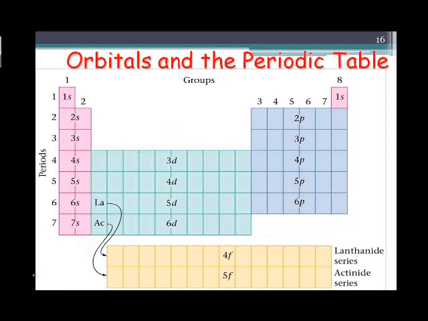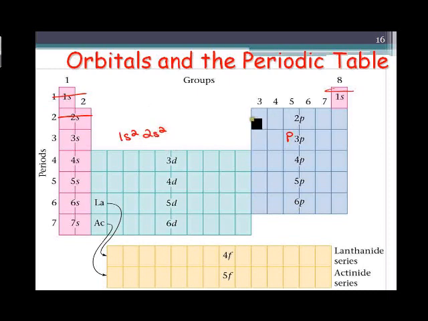If we pick another element, let's say phosphorus, we can follow the same logic. We completely go through the 1s block. So phosphorus's electron configuration is 1s2. We go through the 2s block, 2s2.